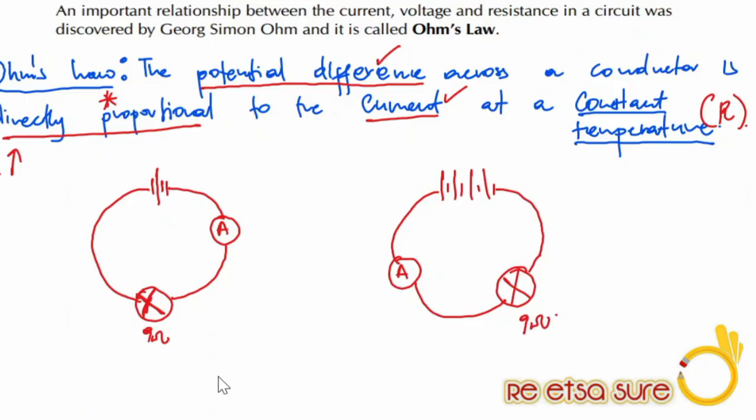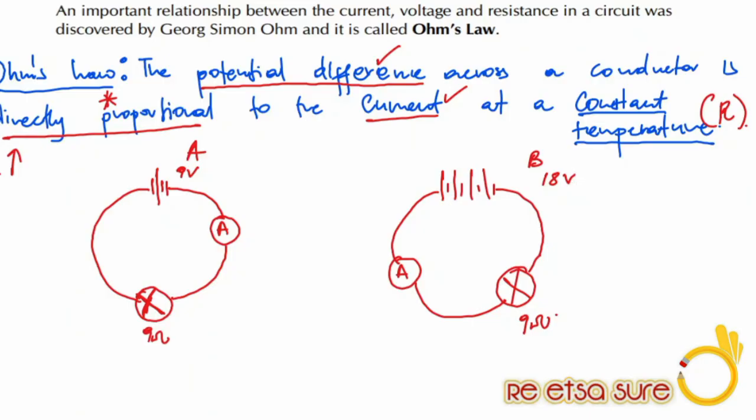Because I'm keeping the resistance of circuit A and circuit B the same. But our battery here is 9V, and for this one I'm going to use 18V.